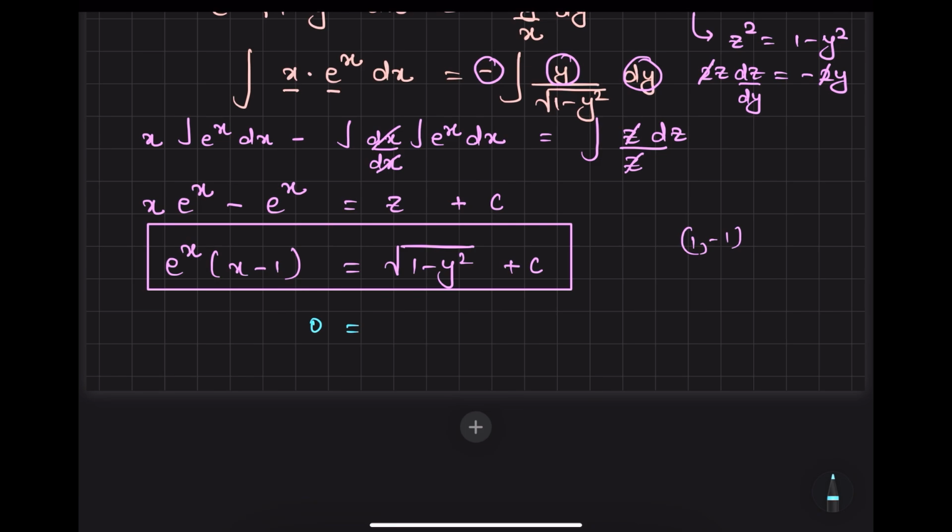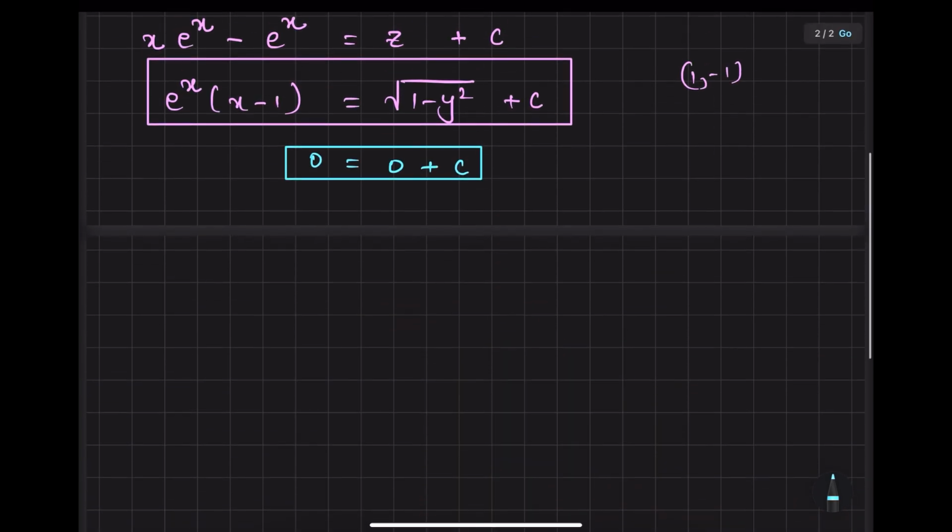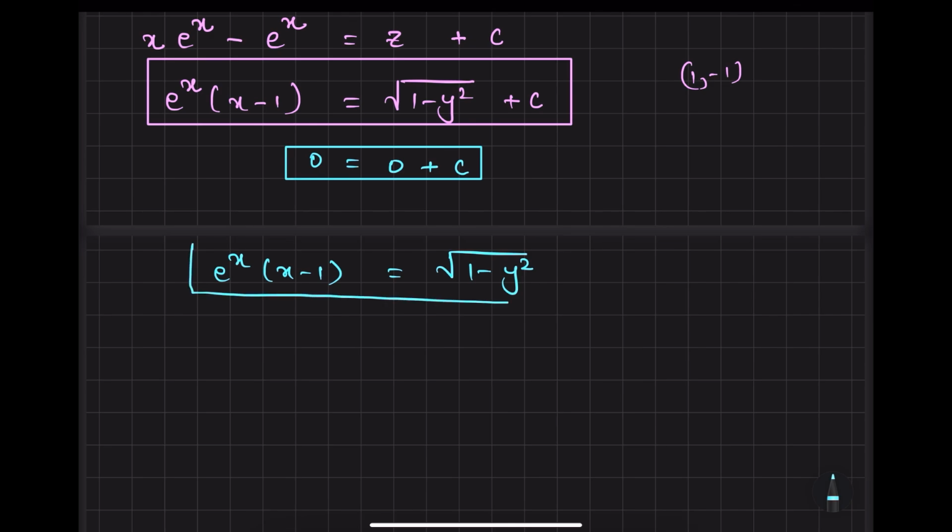In place of y, if you write minus 1, so minus 1 whole square will become 1. 1 minus 1, 0 plus c. So the value of c becomes what? 0. Okay. So can I say that our proper function becomes e power x times x minus 1 equals root over 1 minus y square. So this is our proper function.